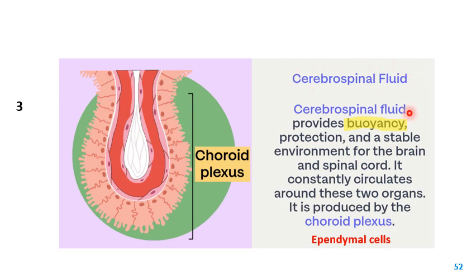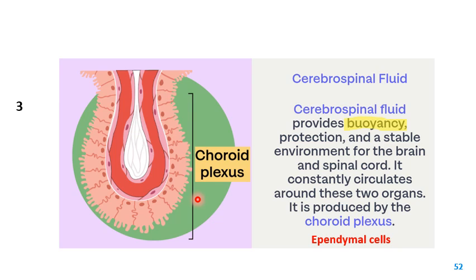And third level of protection is going to be your cerebrospinal fluid. So that is going to allow the brain to be floating in that space. So it gives you some buoyancy and also shock absorption, right? So you're going to have that extra protection in case you hit your head. You have this liquid that serves as a shock absorbing fluid.